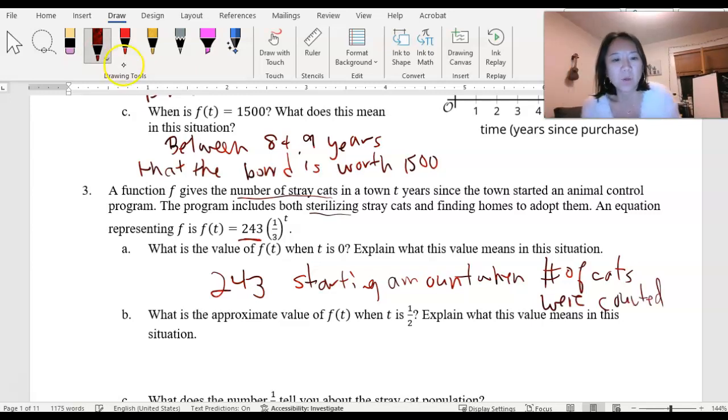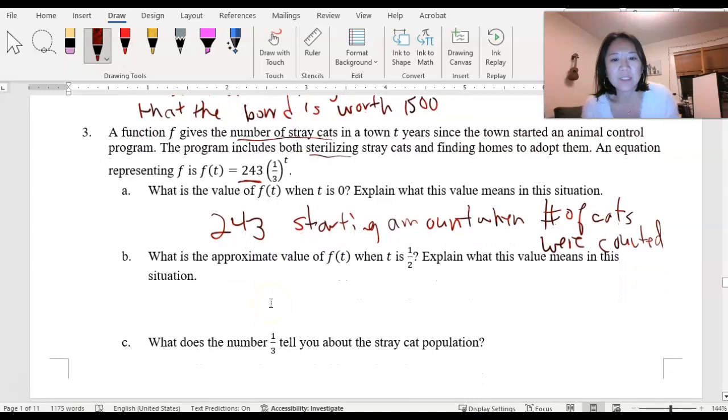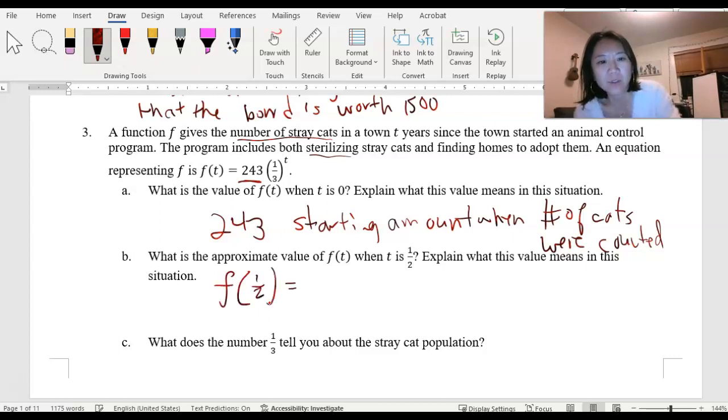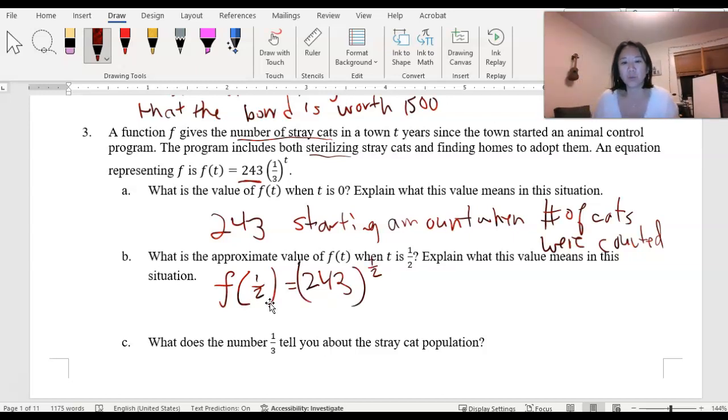All right, what is the approximate value of f of t when t is 1/2? Explain what this value means in this situation. So if we were to put f of 1/2, thinking about what you would get here.